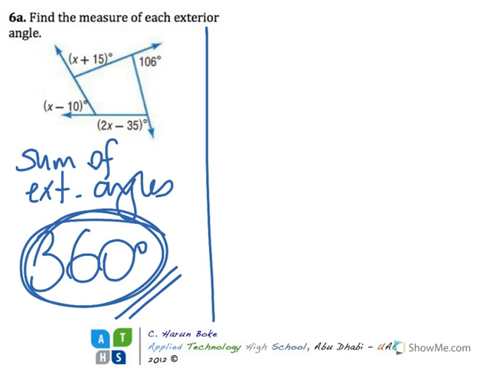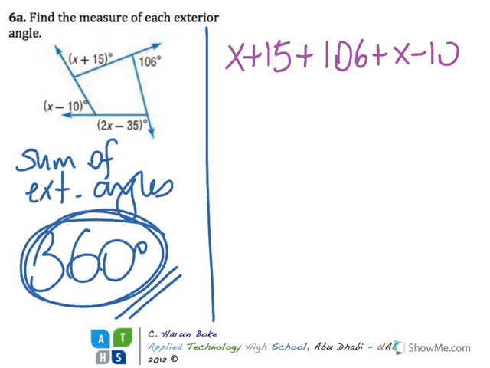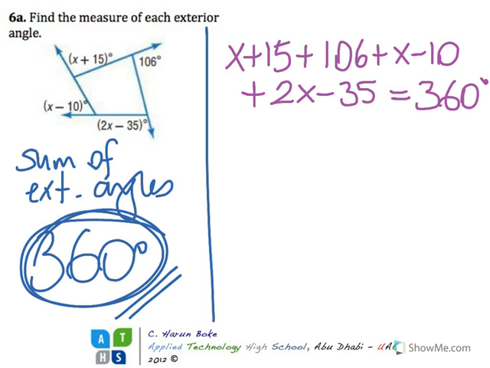So all we have to do is write an equation. We are going to say x plus 15 plus 106 plus x minus 10 plus 2x minus 35 should be equal to 360 degrees. If you simplify this equation, you have 1x here, another one, it is 2, 2 more, it is 4x.